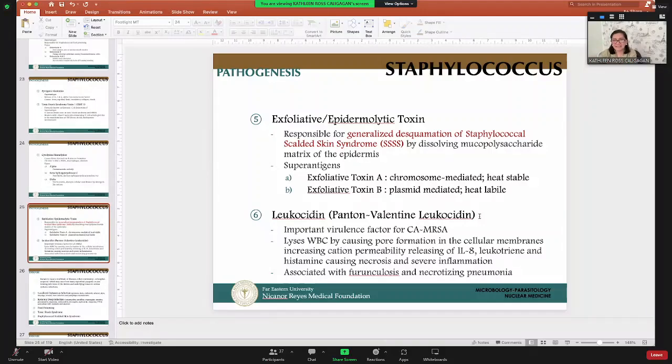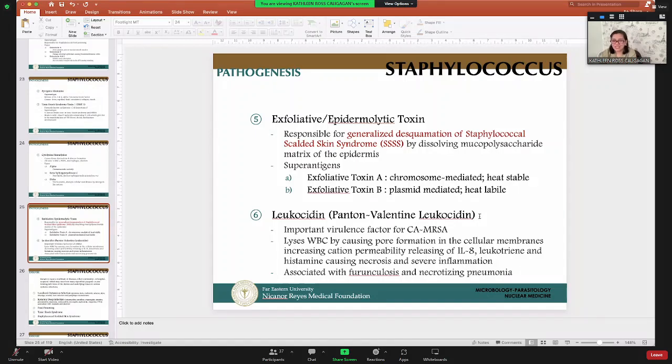And lastly, you have the Panton-Valentine leucocidin toxin, also an important virulence factor for community-acquired methicillin-resistant Staphylococcus aureus. It lyses WBCs by causing pore formation in the cellular membrane, increasing cation permeability, and releasing interleukin-8, leukotriene, and other substances, causing necrosis and severe acute inflammation.